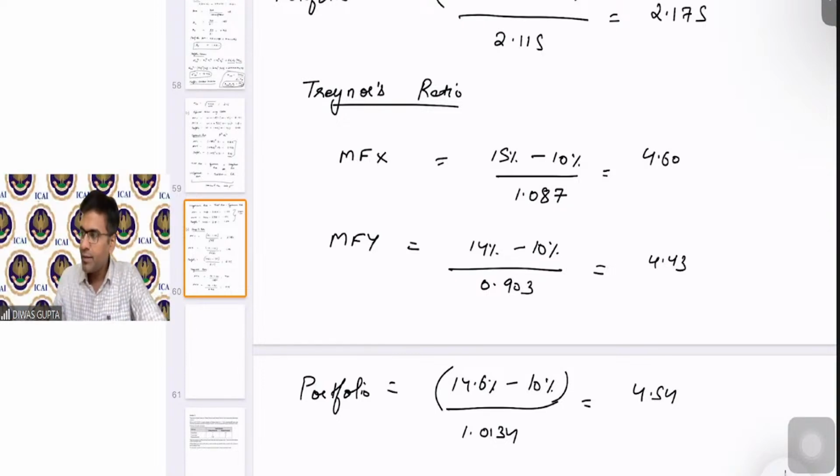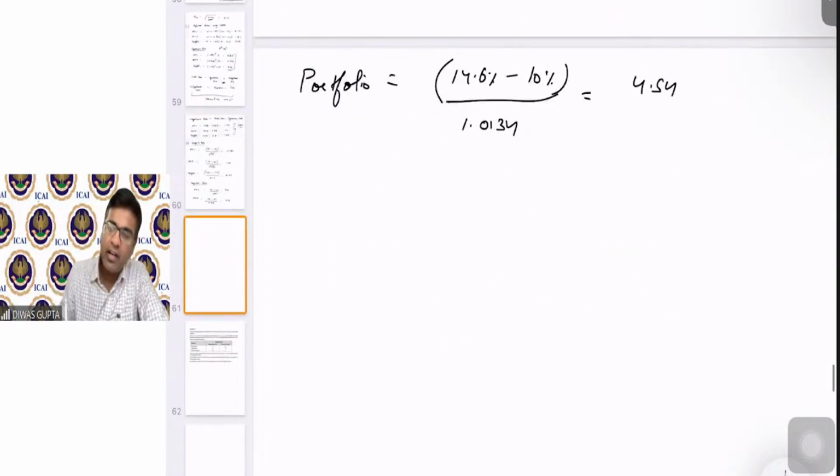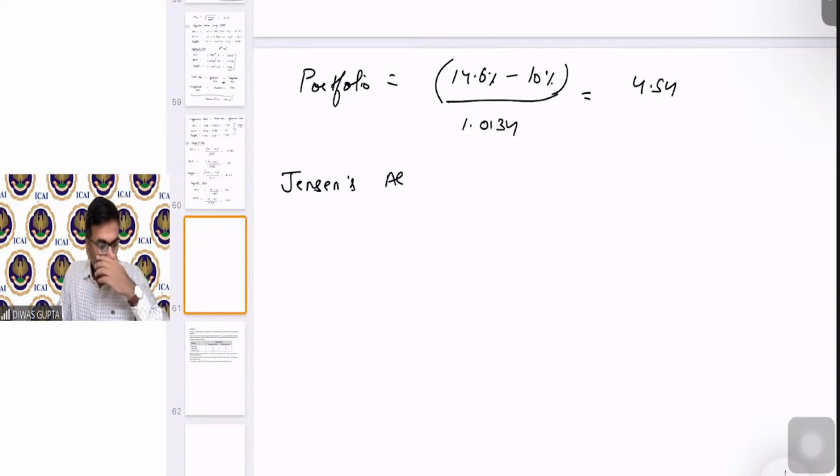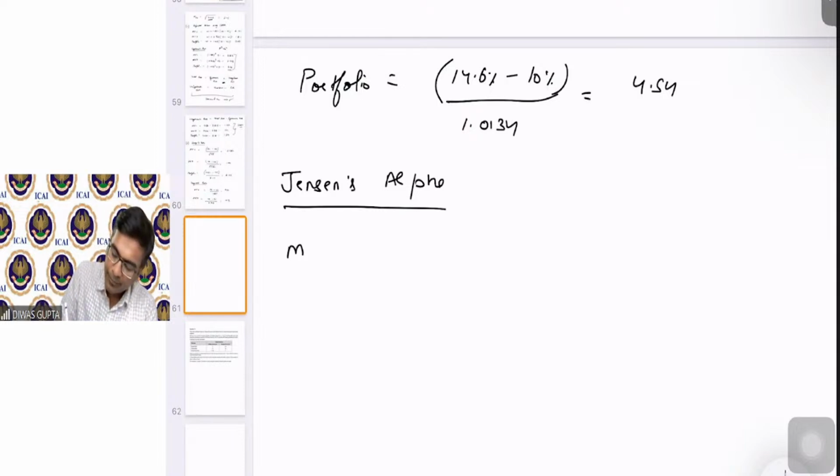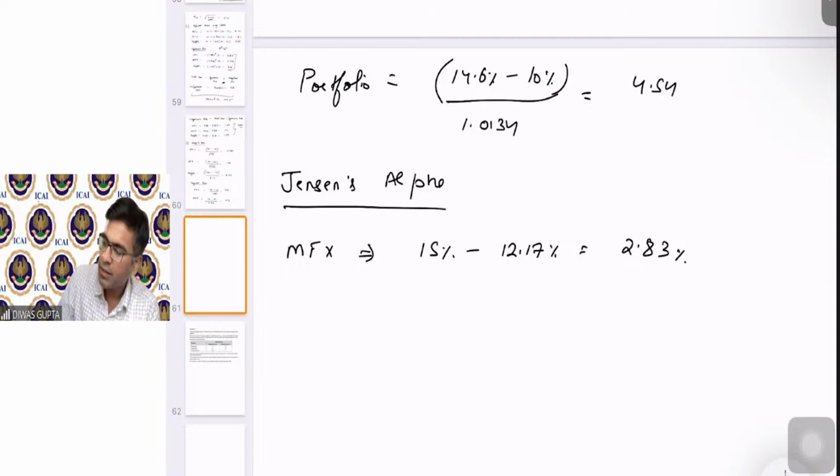And lastly, students, we have to calculate the alpha or Jensen's alpha. Sorry, which is the actual return minus expected return. Actual return is how much? 15%. Expected return is how much? This much. 2.83 percentage.